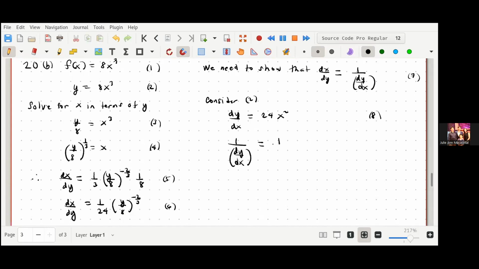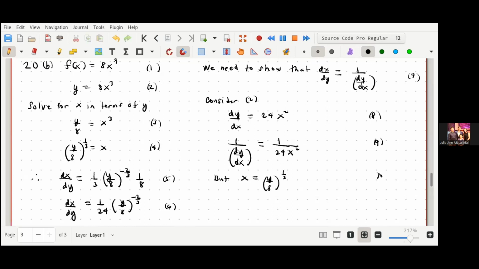That's going to be 1 over 24x squared. But x is equal to (y/8)^(1/3).